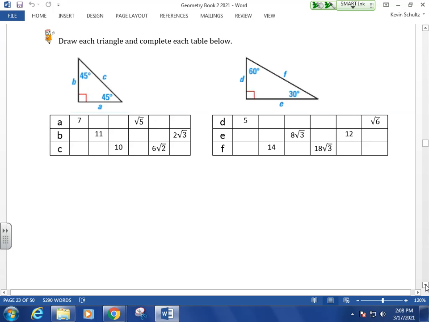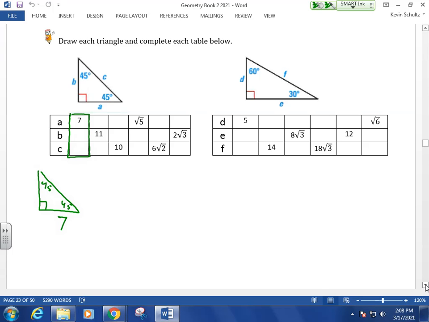Okay, so for this 45-45-90 triangle, we'll start there. Each column is a new, different triangle. So for this one here, I'm giving you a 45, 45, 90 triangle with a leg length of 7.